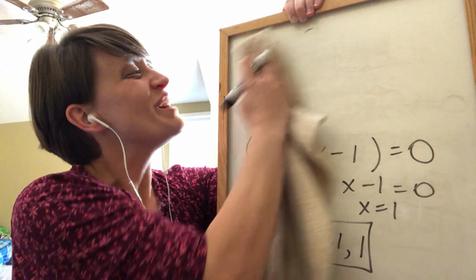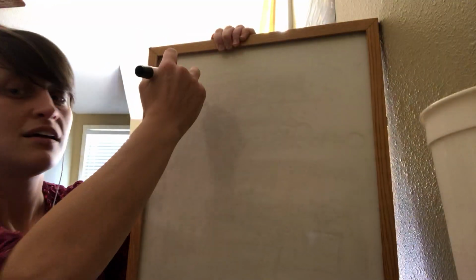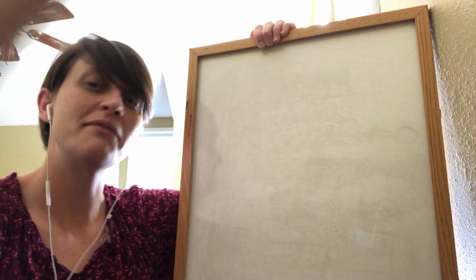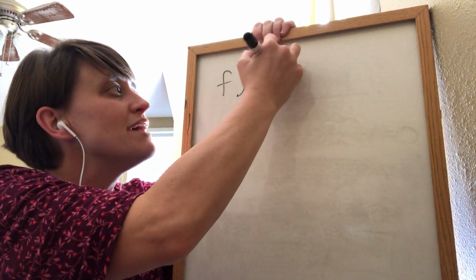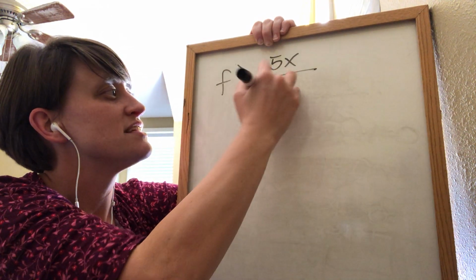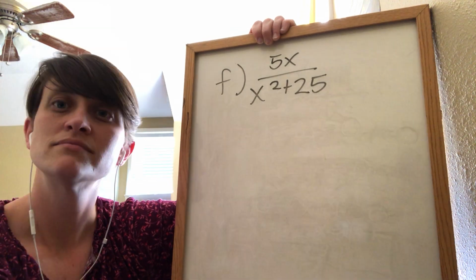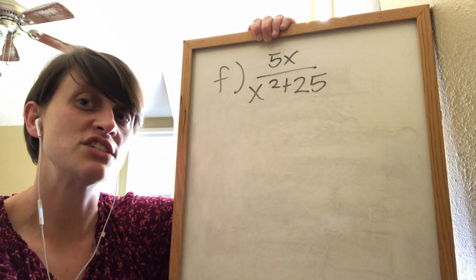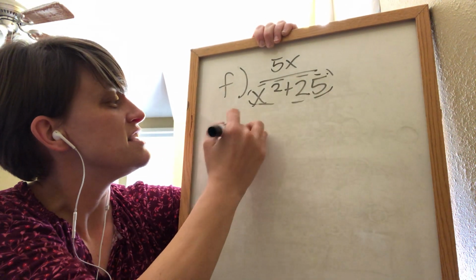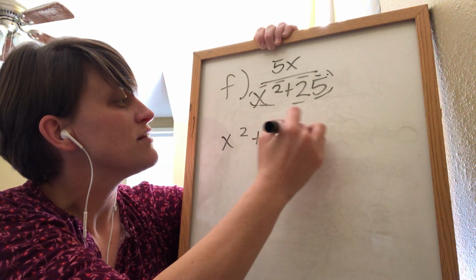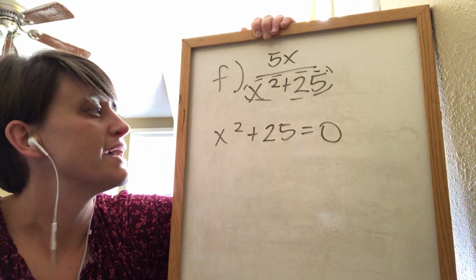Okay, so one more example here. What if we have an expression like this? We're supposed to be finding restrictions on the variable, so we're supposed to be finding where this thing is 0 to kick those values out of the things we're allowed to substitute in for x.